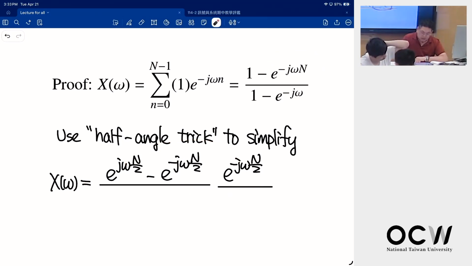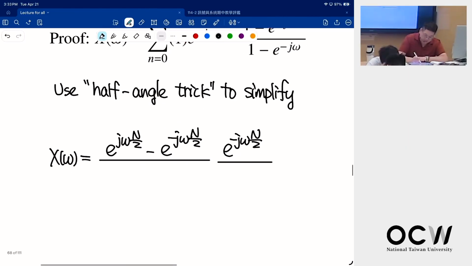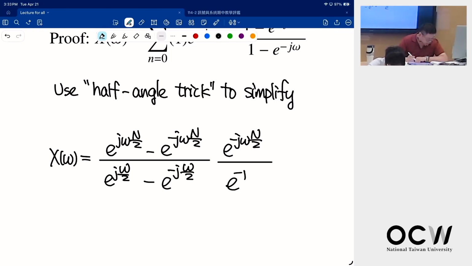Similarly, in the denominator, do the half angle trick. So in the denominator, e to the j omega over 2 minus e to the minus j omega over 2. So I need to times e to the minus j omega times 1/2 back.